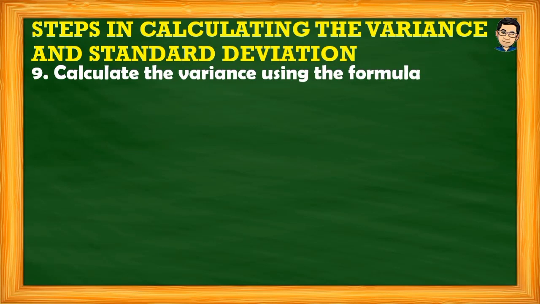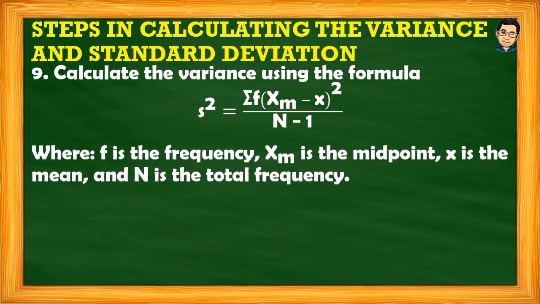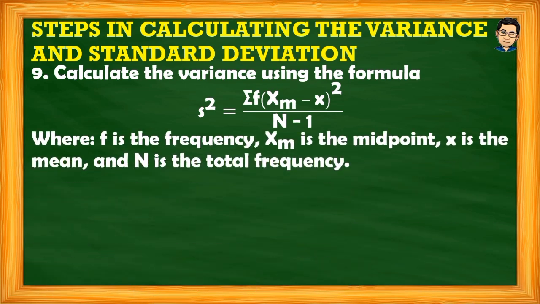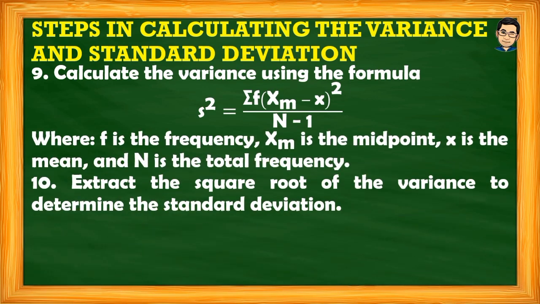And then, calculate the variance using the formula. So, make sure nakuha lahat natin, kumpleto lahat yung mga kailangan isulat dun sa table para mabilis nating makompute yung variance and standard deviation. So, for variance, that is the formula. And then, sabi ko nga, yung standard deviation, extract natin yung square root ng variance.